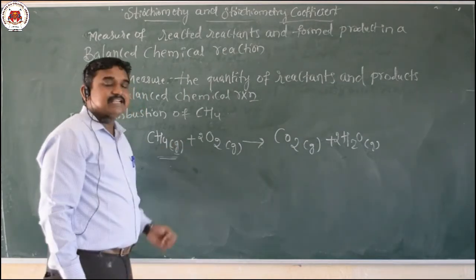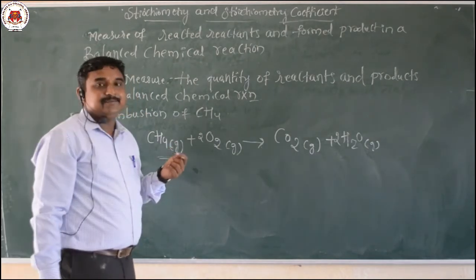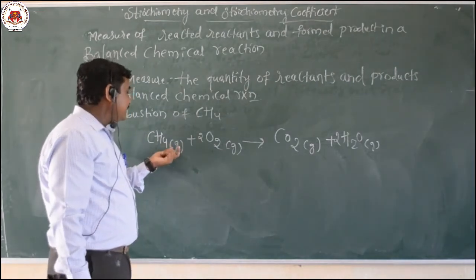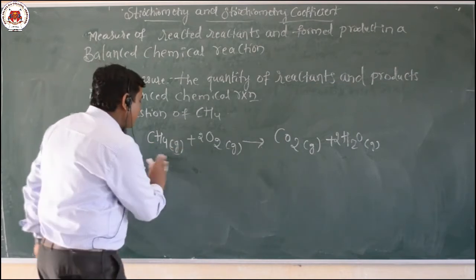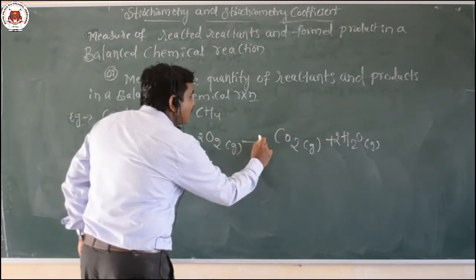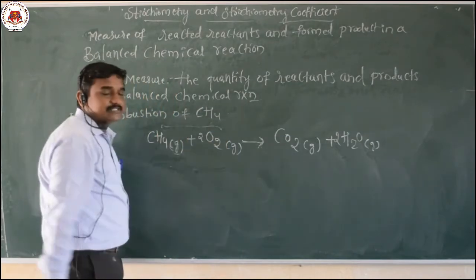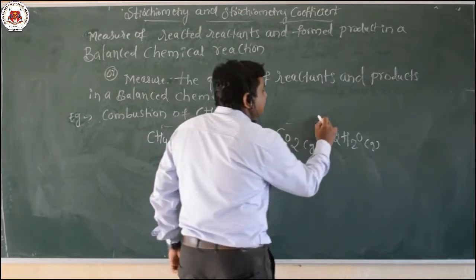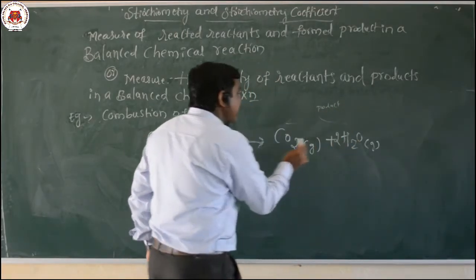That indicates the phases. You know that matter may exist as gas, liquid, or solid. So g means the compound exists in the form of gas. The species on the left side of the arrow are called reactants, and the species on the right side are called products. Okay. So this is a balanced chemical reaction.